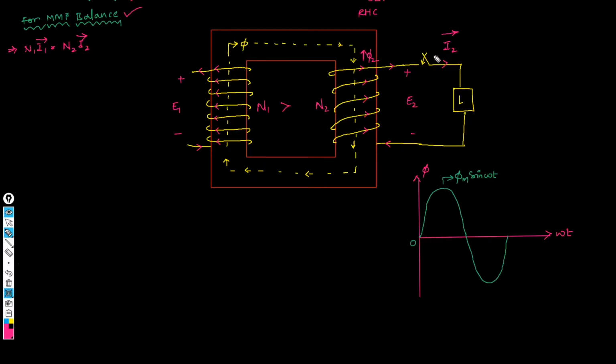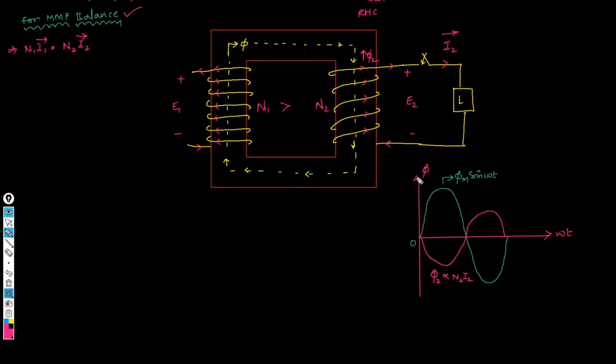So whenever this switch is closed and load is connected to this winding, definitely a flux develops, and this developed flux will be in opposition to the original flux. This is phi 2, which is proportional to N2 I2, because this flux is responsible because of the current flowing through the N2 turns.